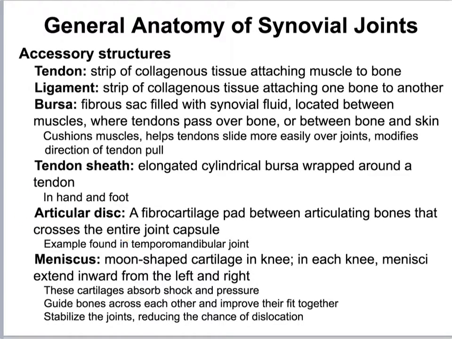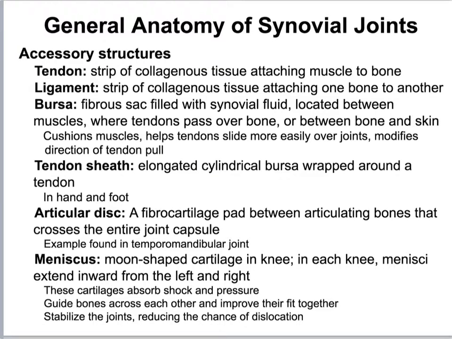Articular discs. This is the fibrocartilage pad that's found in any symphysis joint. Never mind. The articular disc is the fibrocartilage pad between articulating bones, and it crosses the entire joint capsule.